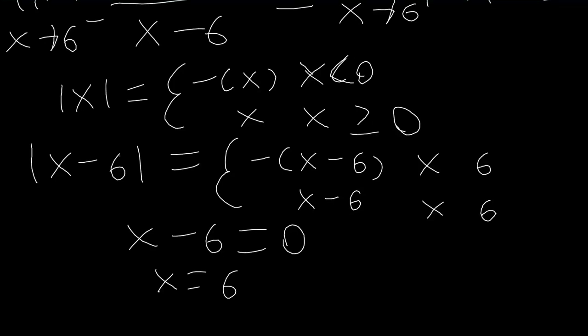So 5 minus 6 is just -1, and then the negative of a -1 is just +1. So that matches what the value is if we plug in 5 to the absolute value of x minus 6. So negative parentheses x minus 6 must be where x is less than 6, and this one must be where x is greater than or equal to 6.